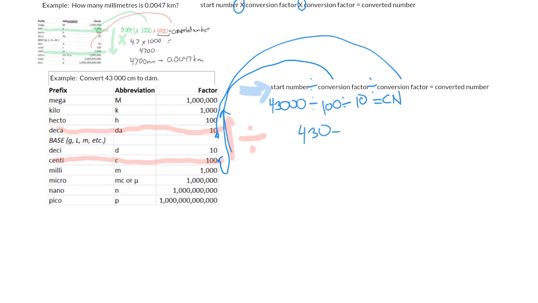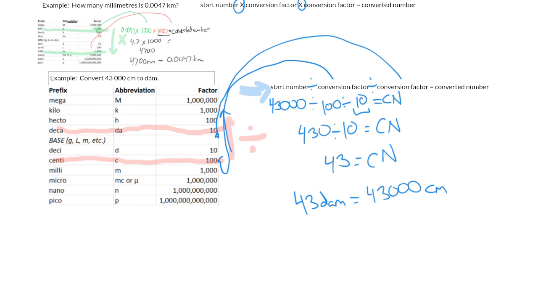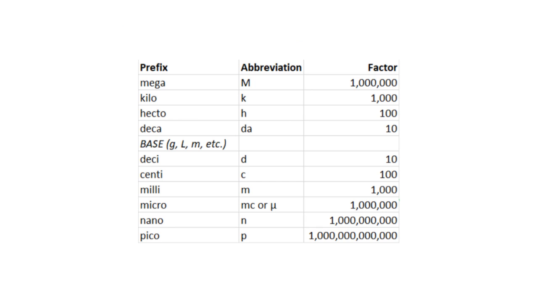Divide by 10, because it didn't just magically disappear, it's still there, which is equal to 43. So 43 decameters is the same thing as 43,000 centimeters. So just a reminder, if you go from a bigger unit to a smaller unit, it's a multiplication. If you go from a smaller unit to a bigger unit, it's a division.